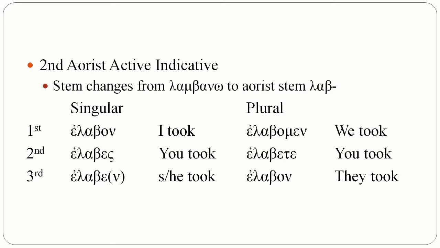All right, the other thing to keep in mind is that some of these stem changes are pretty recognizable. Most of them actually are. They're maybe shortened forms, or sometimes they even just drop out a letter. But some of them are really, really major changes. The verb lego, I speak or I say, takes an aorist form that looks completely different. It is eipon. That's a completely different stem.